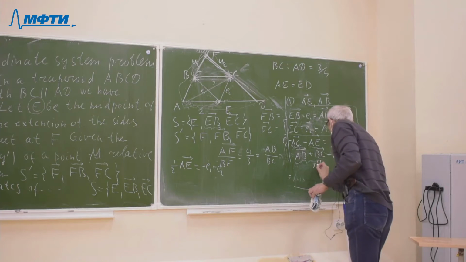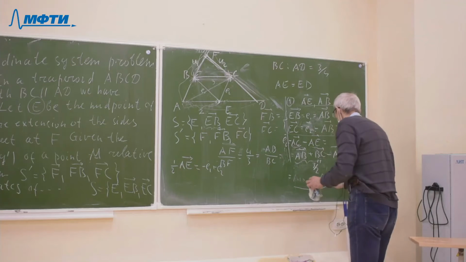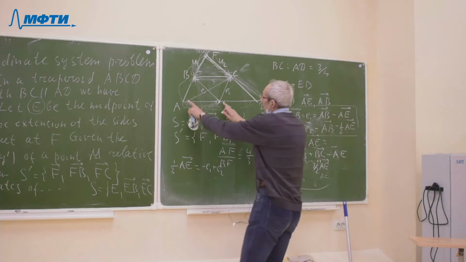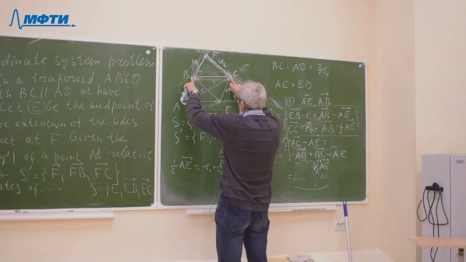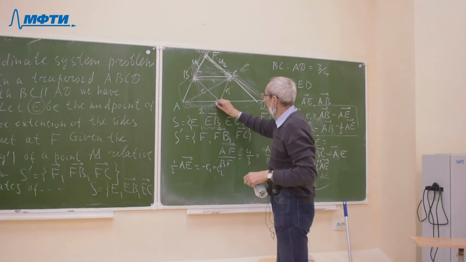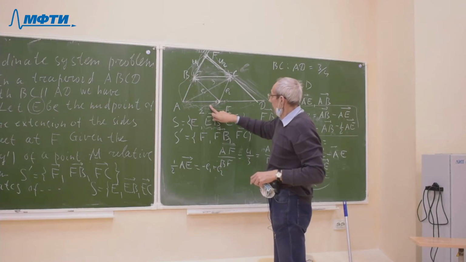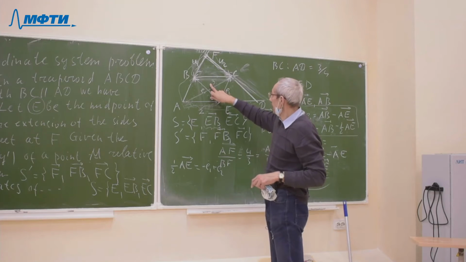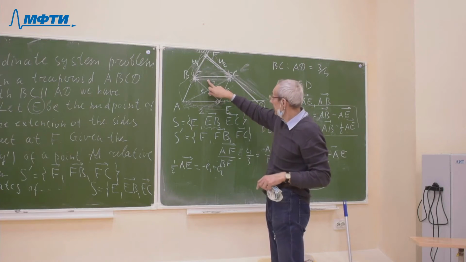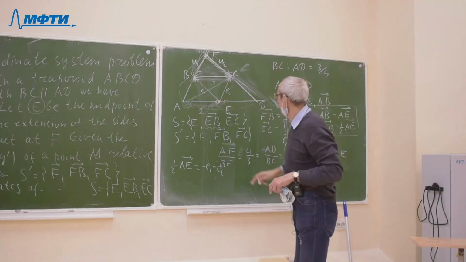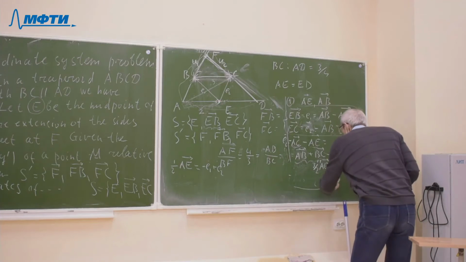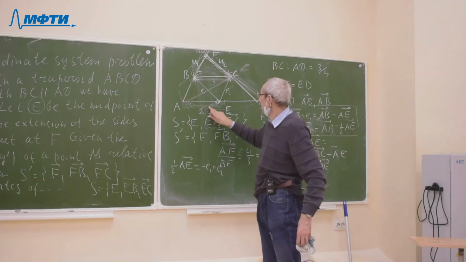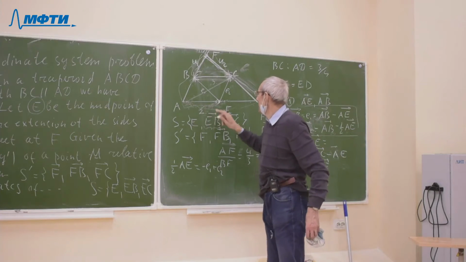BC is equal to the ratio 3 to 2 of AE, because this vector is parallel to this, and the length of this vector is equal to the ratio 3 to 2 times this vector. We obtain that the vector BC is equal to 3/2 times AE.